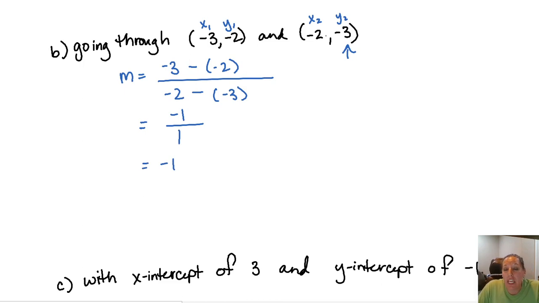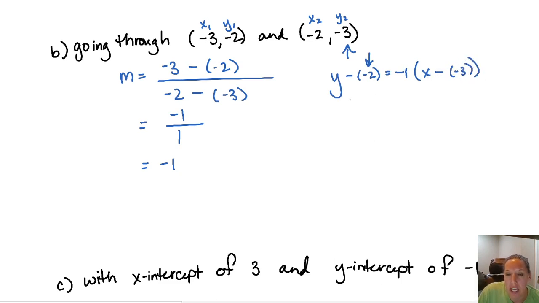And now we can use either point. I'm going to go ahead and use the first one just because it's listed first and no other reason. So y minus our y1, which is negative 2, equals our slope we found to be negative 1 times x minus, make sure that you use the corresponding x value that goes to the y value plugged in.